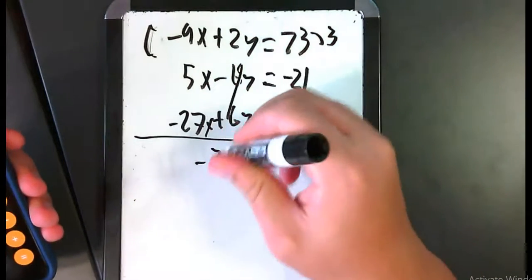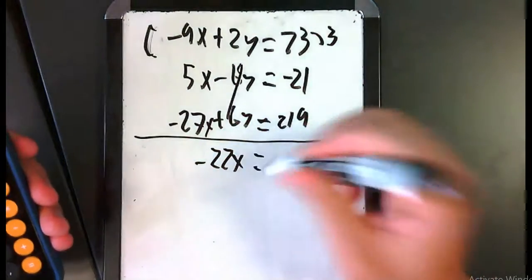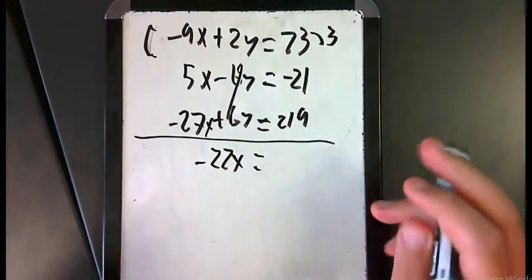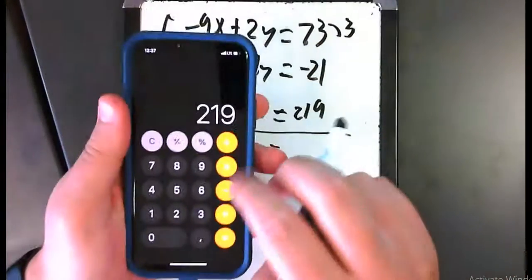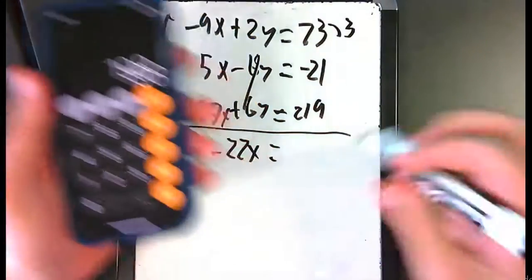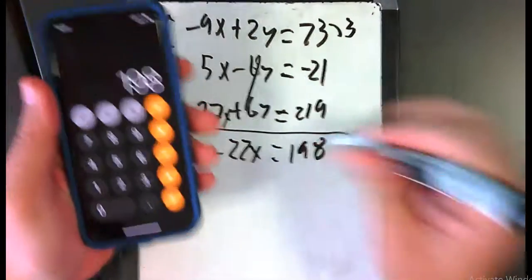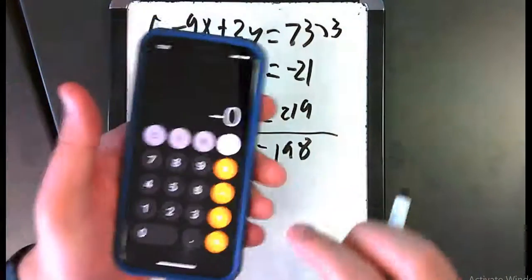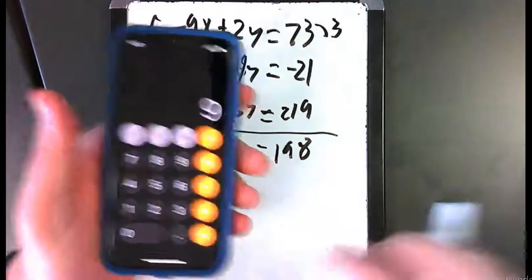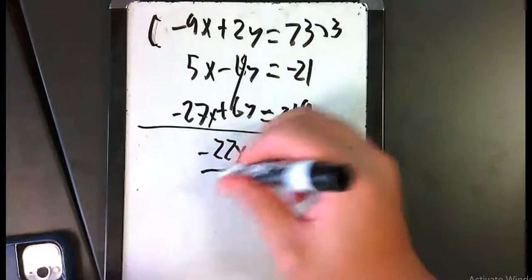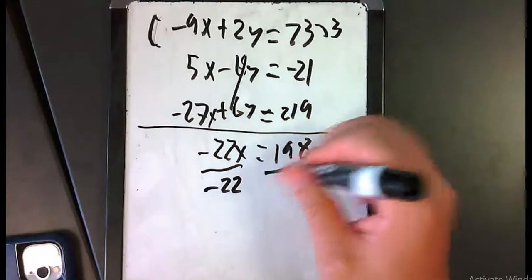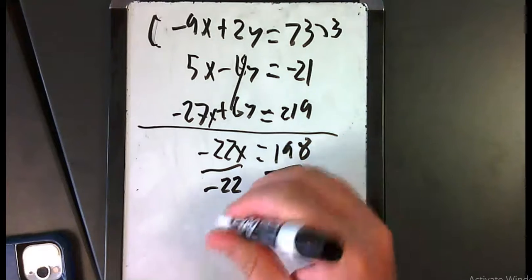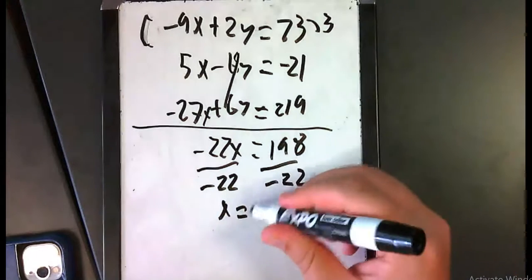That becomes negative 22x, and this becomes 219 minus 21, which equals 198. Then we're going to divide this by negative 22, and we get negative 9. So x equals negative 9.